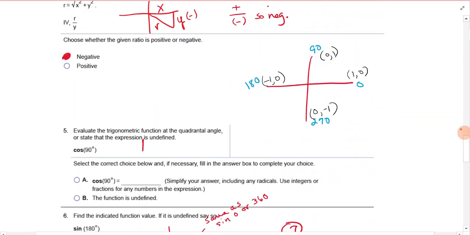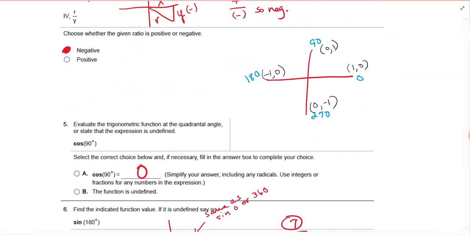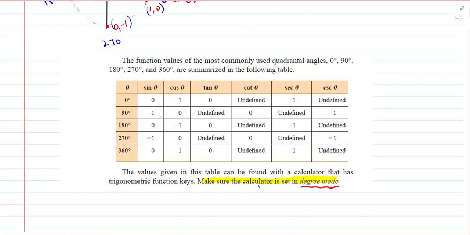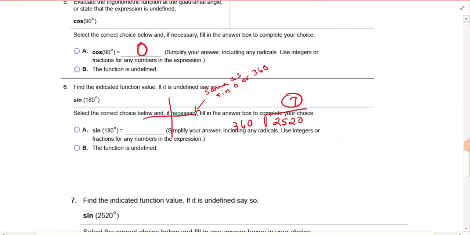But the cosine of 90 is 0. Okay. Now the sine of 180, if we go back and look, here's 180, sine of that is 0. So we'll go back here.